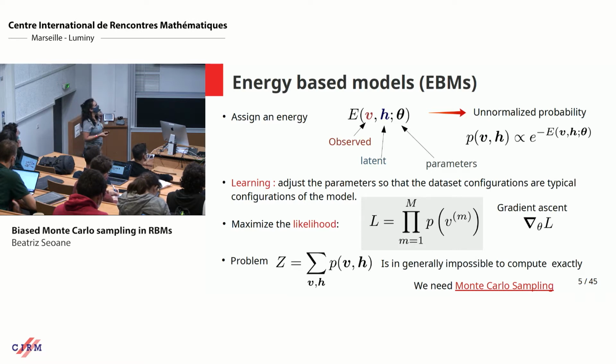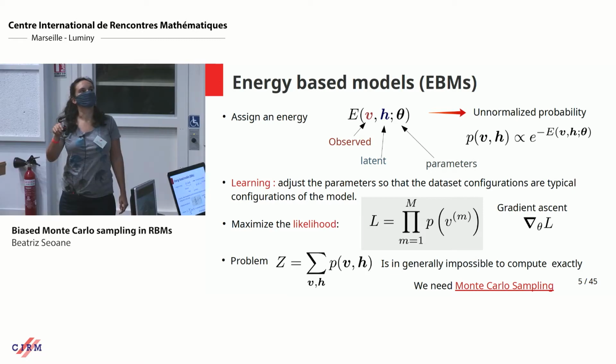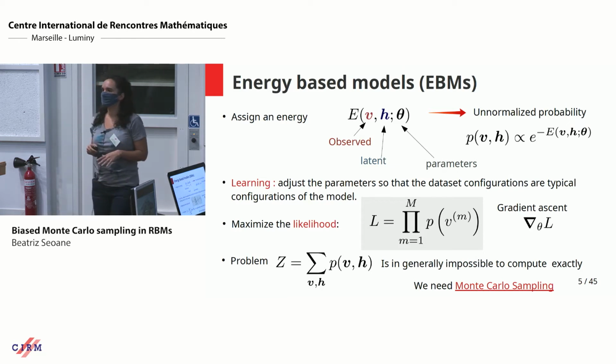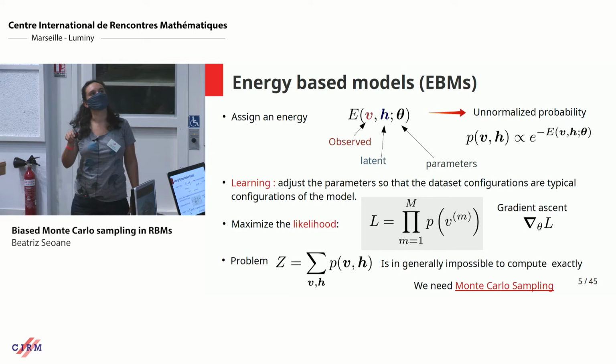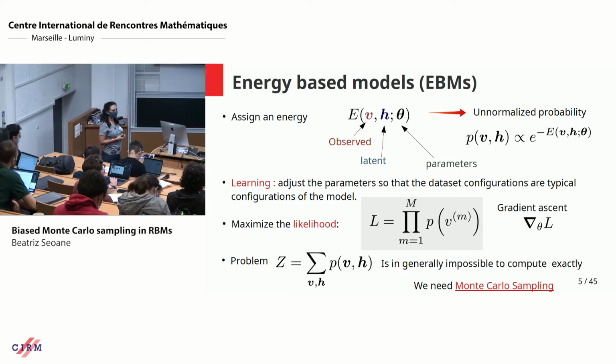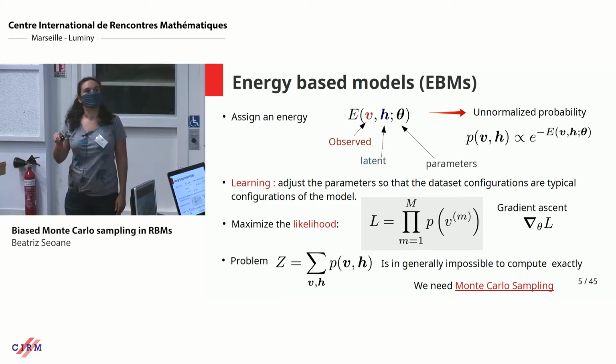Okay, the energy-based models are called this because they are based on a function of an energy that we assign to the data. This energy is going to depend on the observed data, but also on some variables that we are going to introduce, which are latent variables, and certain parameters that we want to fit during the learning. Once we have this energy, we can assign a normalized probability to it.